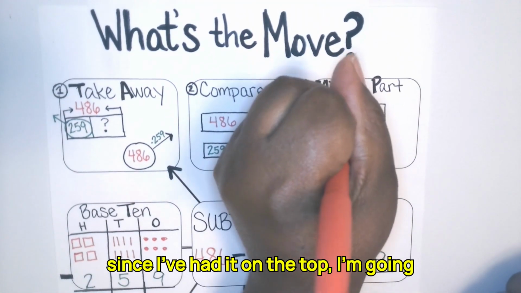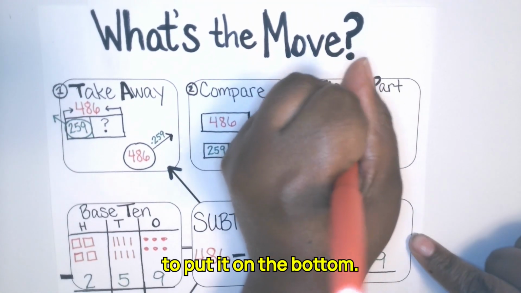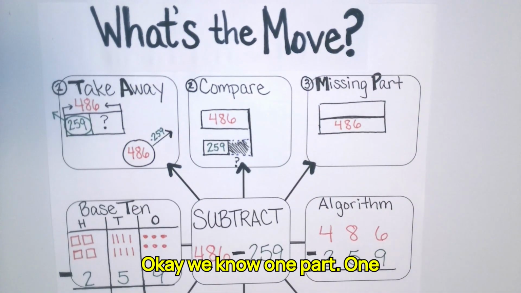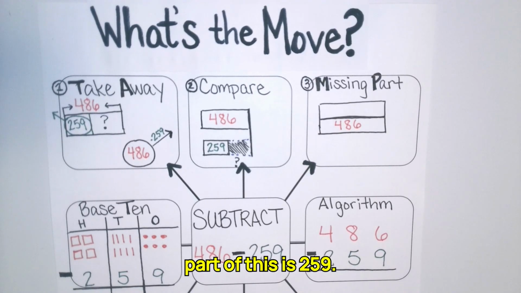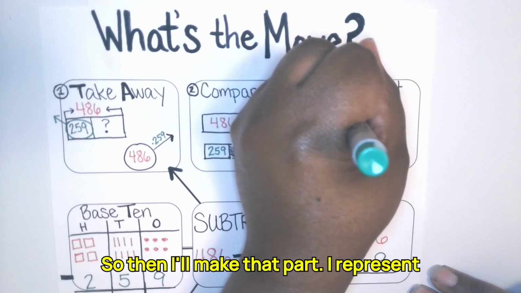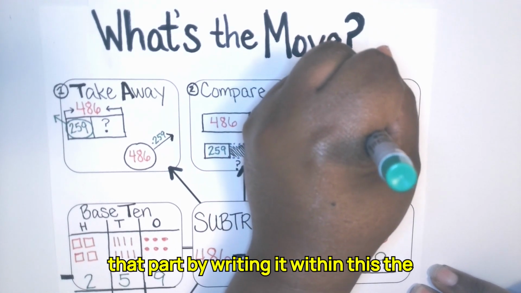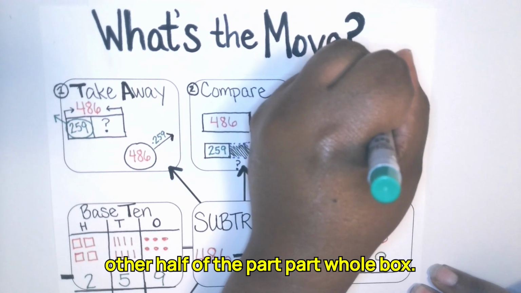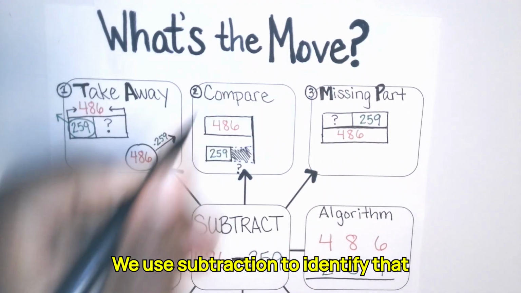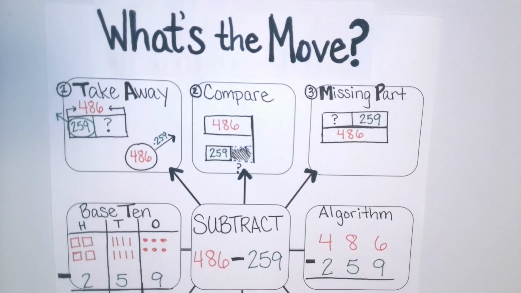But for this case, since I've had it on the top, I'm going to put it on the bottom. Okay, we know one part of this is 259. So again, I'll represent that part by writing it within the other half of the part whole box. We use subtraction to identify that missing part.